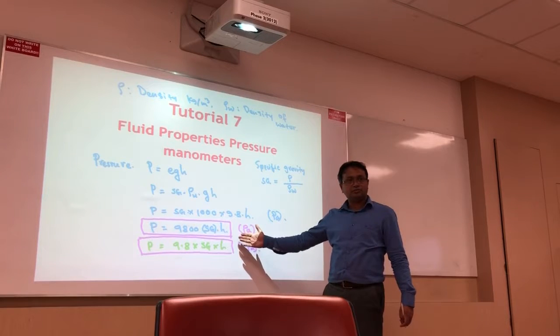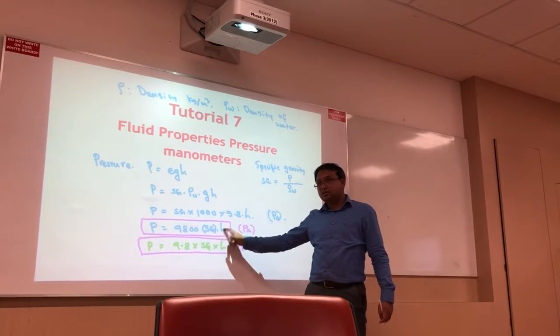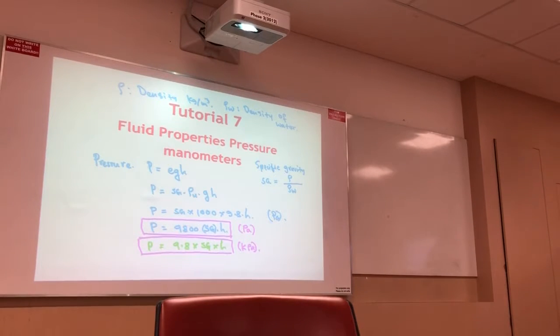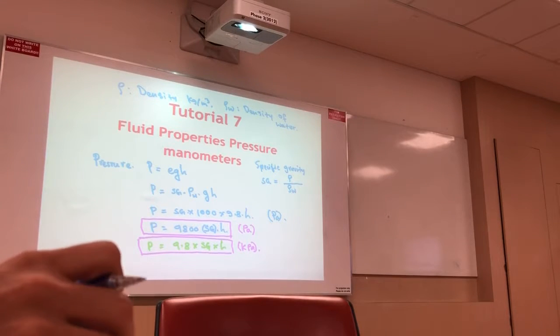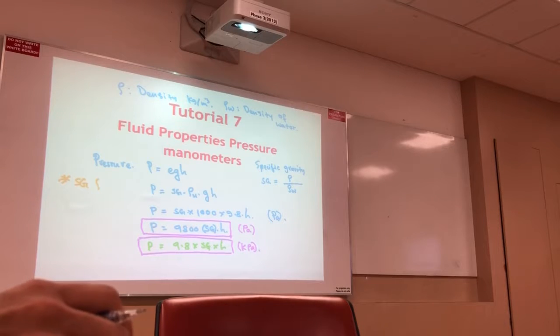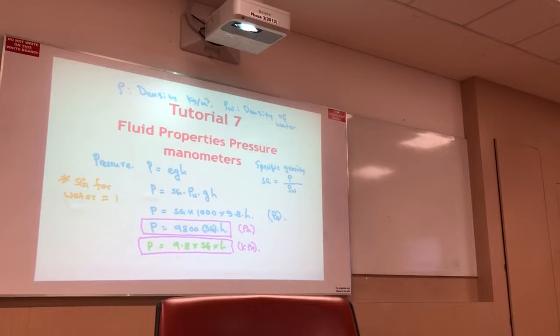This is the only difference. H indicates the elevation, height. Unit is meter. So I am writing the unit of h. Specific gravity for water is 1, right?